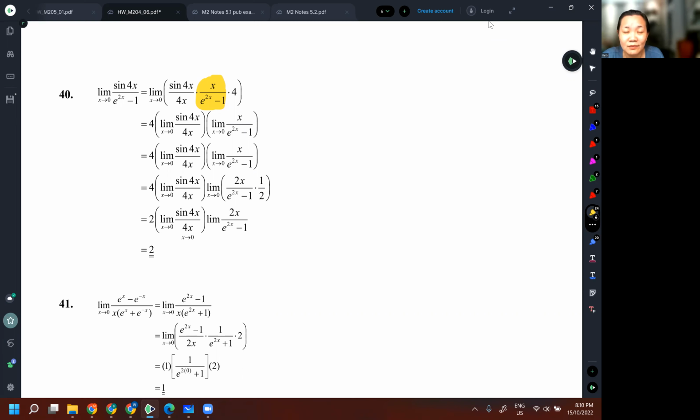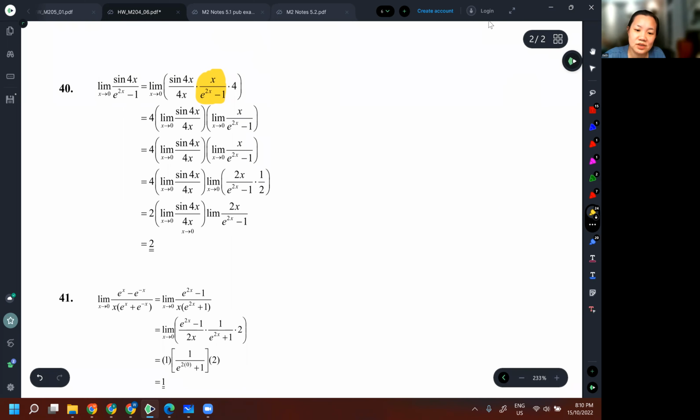Okay, if you did, you shouldn't. And also sine 4x, you don't have to change sine 4x to a smaller angle. It doesn't matter. You can keep sine 4x, no problem.